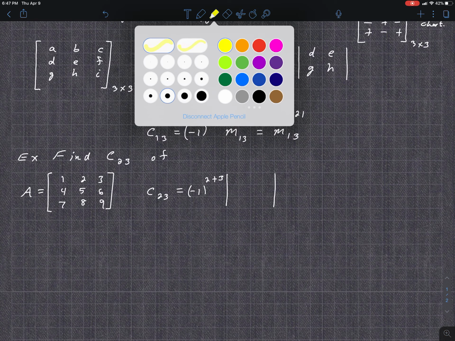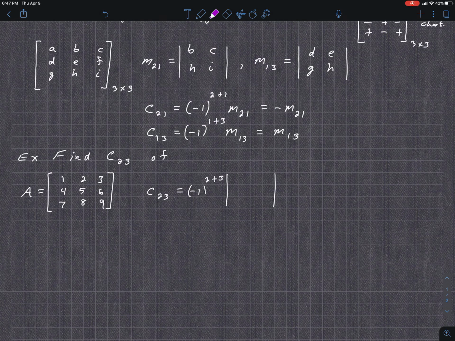So that'll be negative, times the determinant of, and you cross off the row and column that you're in. So row 2, column 3. What's remaining is your determinant: 1, 2, 7, 8.